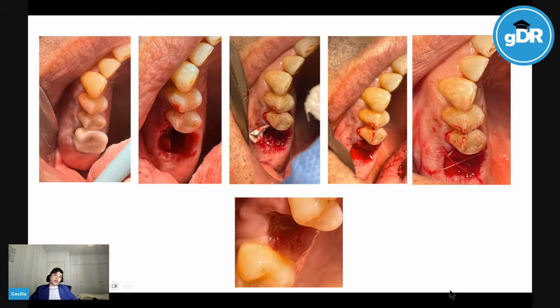So this is the best way that you can help your patients keep their treatment planning simple. And remember, with this technique, you can place an implant at type 2, which is 4 weeks or 8 weeks, or you can do type 3, which is 12 onwards, or you can do type 4, which is even longer than that.